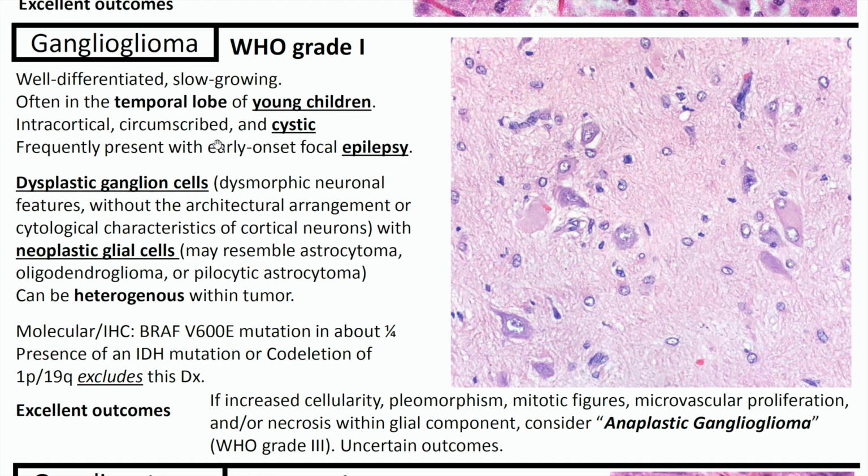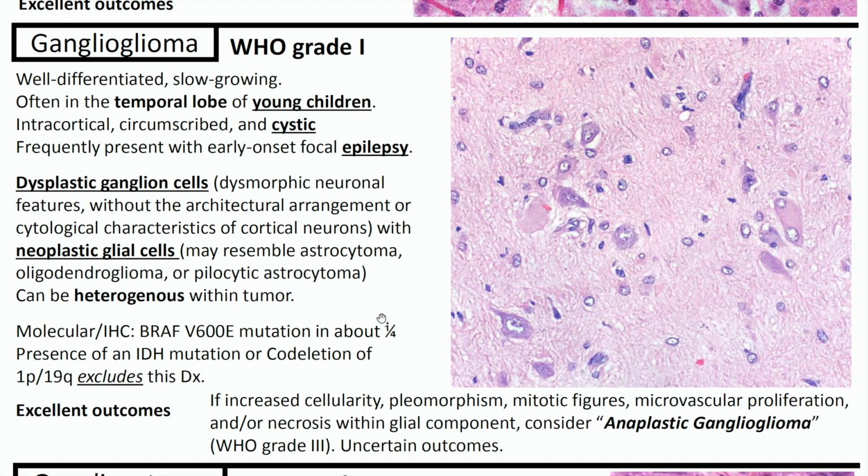May resemble an astrocytoma, oligodendroglioma, or pilocytic astrocytoma, and can be heterogeneous within the tumor. So molecularly, for a ganglioglioma, you're going to have a BRAF V600E mutation in about a fourth of these. Presence of an IDH mutation or codeletion of 1p19q, again, would exclude this diagnosis. These also have excellent outcomes.